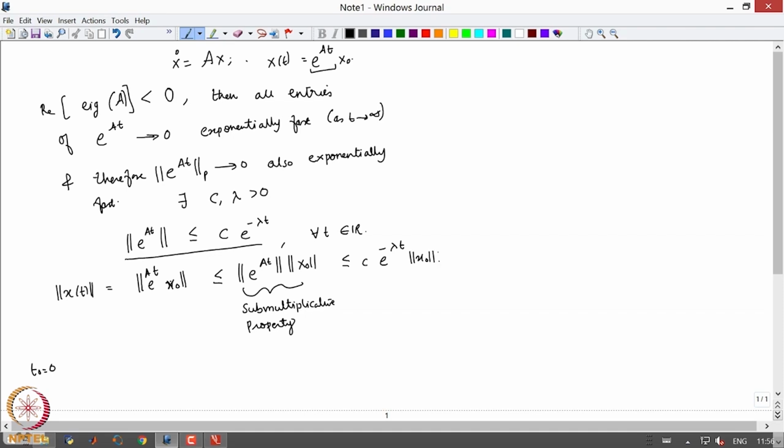Okay. So, what does this mean? Now check what happens to x of t as t goes to infinity. First thing I can obviously say is that this converges to 0 as t goes to infinity, assuming that all the eigenvalues of A have strictly negative real parts, which means e power At converges exponentially fast.